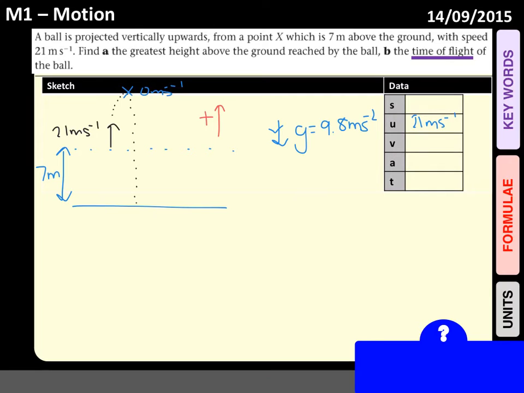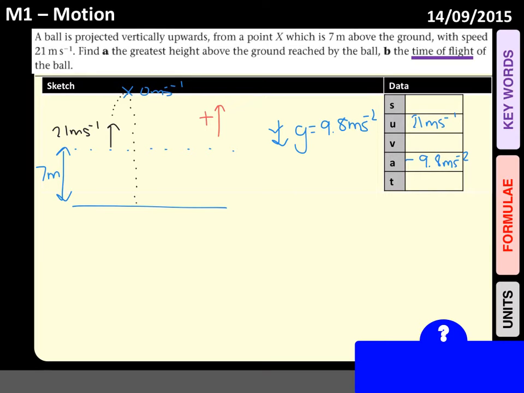I know that my acceleration is 9.8 and it's going opposite to my positive, so it's going to be minus 9.8 meters per second squared. Okay, and I know nothing about my time.